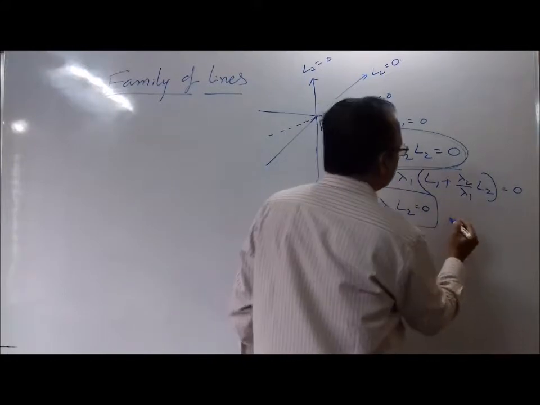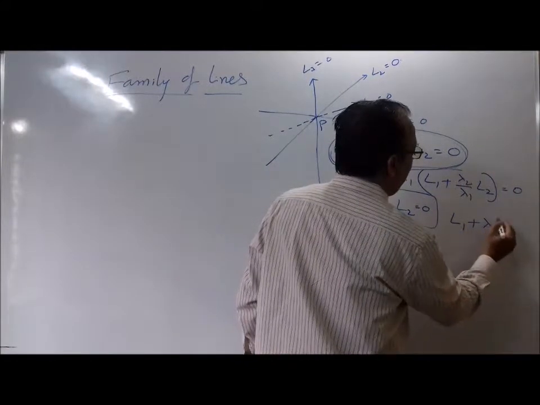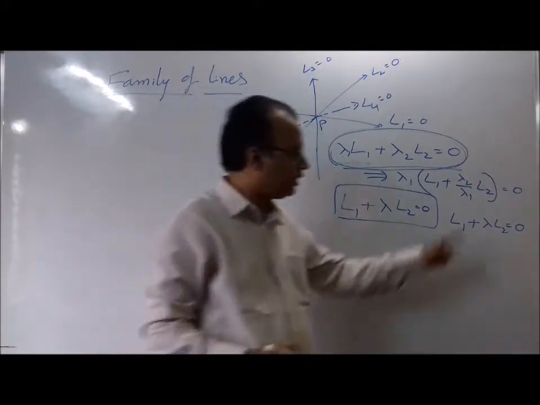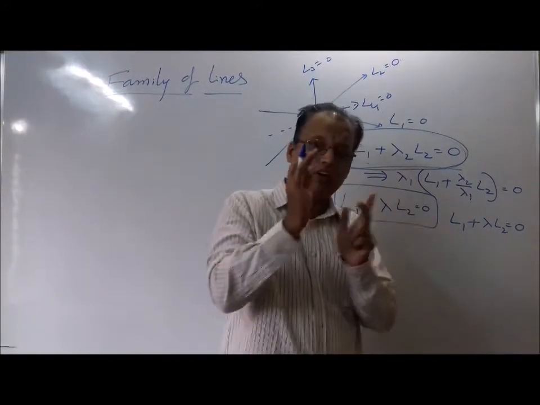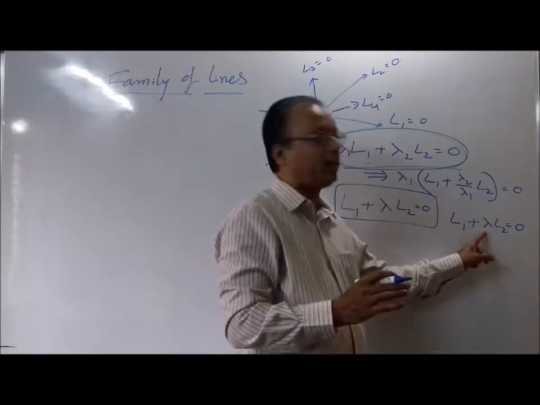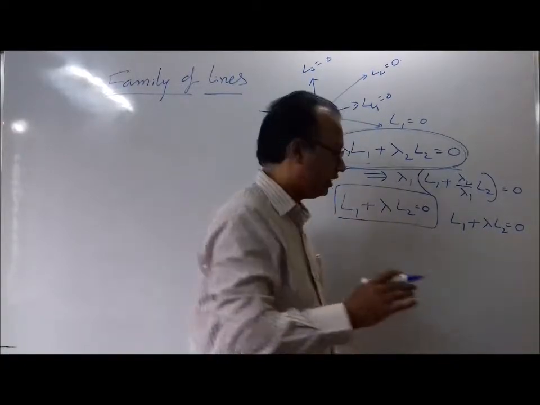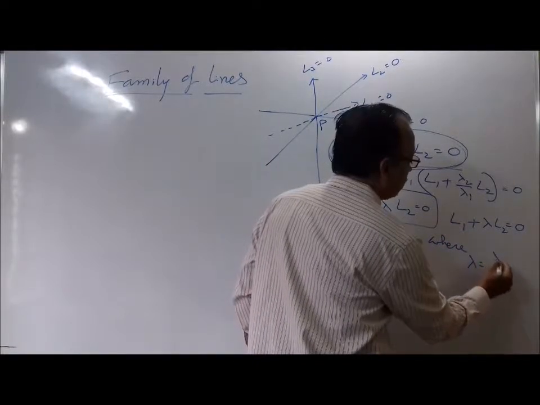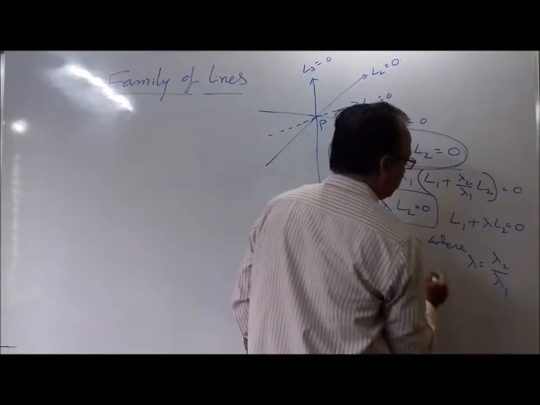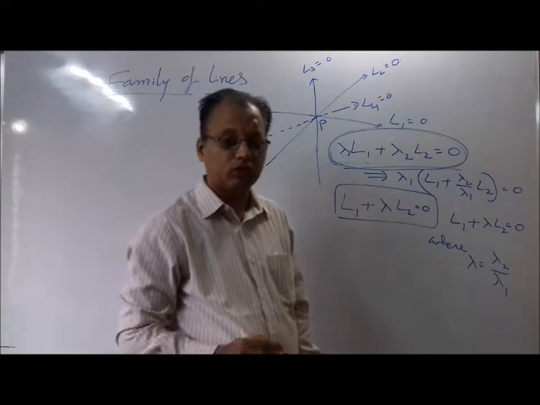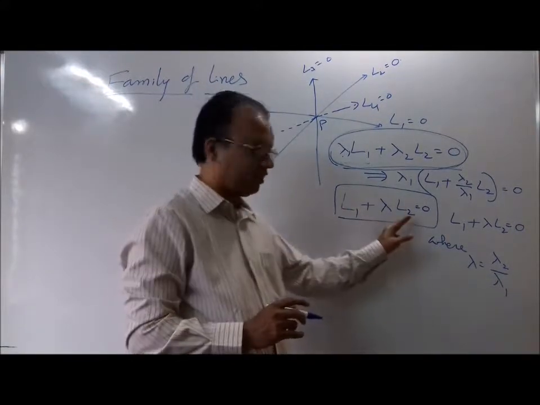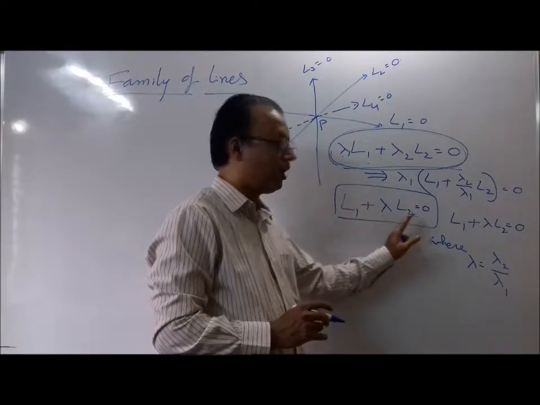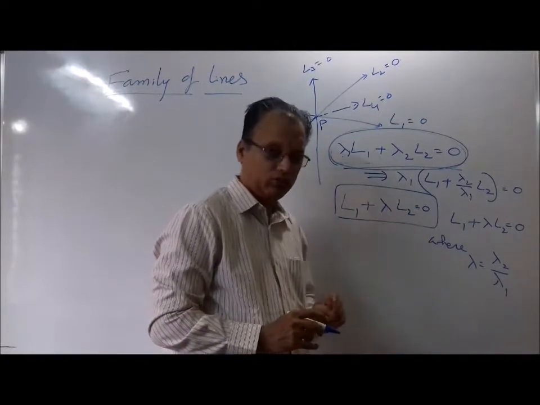So you got L1 plus lambda L2 equal to 0, where lambda is equal to lambda 2 by lambda 1. So the family of lines is represented by L1 plus lambda L2 equal to 0.